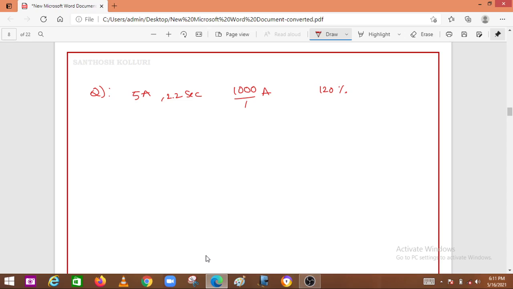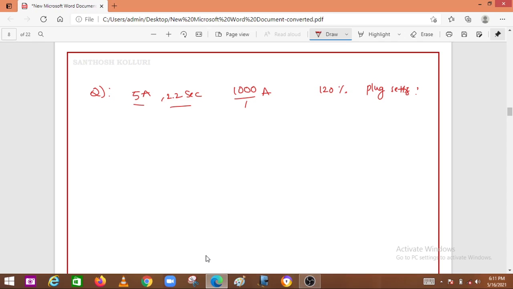Then the plug setting of the relay is dash. He is asking the plug setting. The current setting is given as 120%.